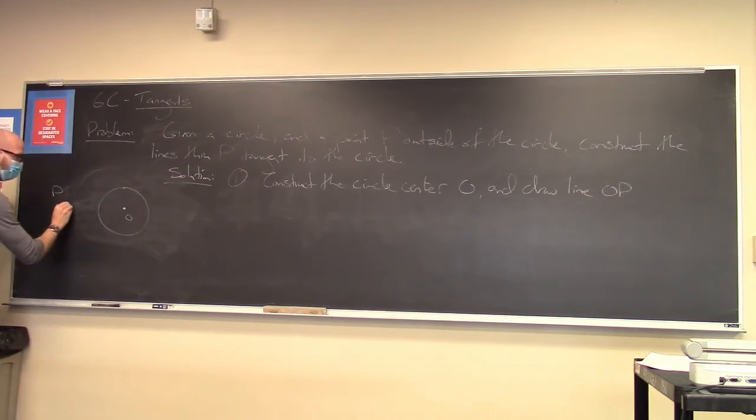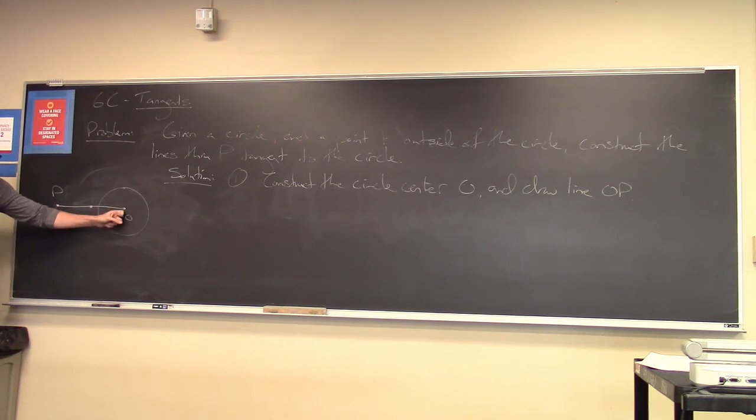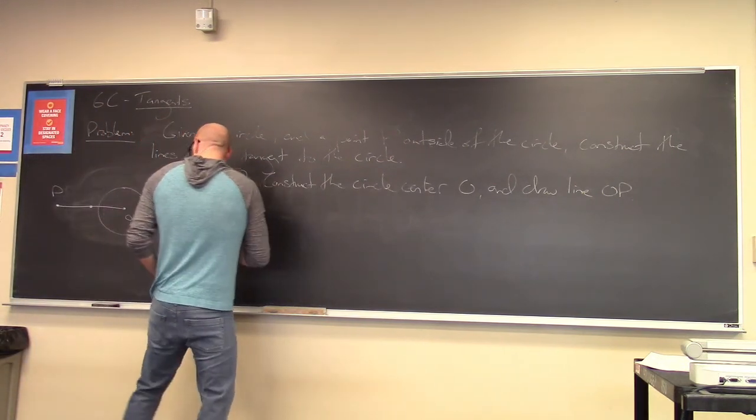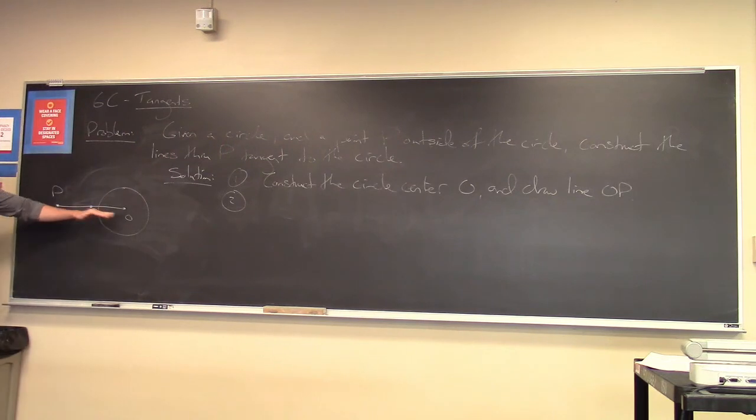OP, there we go, straight line. Now we want the midpoint of OP. In my drawing, the midpoint lies somewhere right around here. But of course, depending on where P is, the midpoint might be either inside the circle, outside the circle, or sort of on the actual circle itself. Doesn't matter for the construction. I just want to point out that my drawing isn't necessarily generic. It's because I've chosen P to be fairly far away.